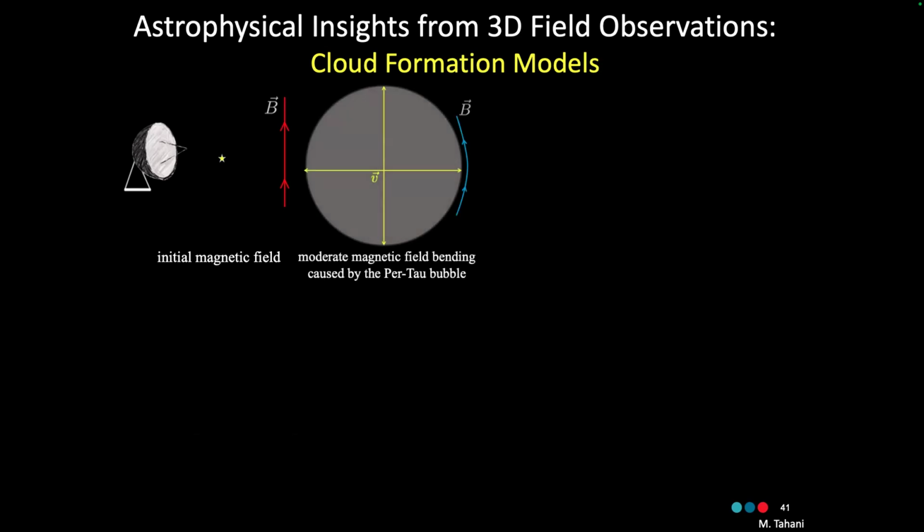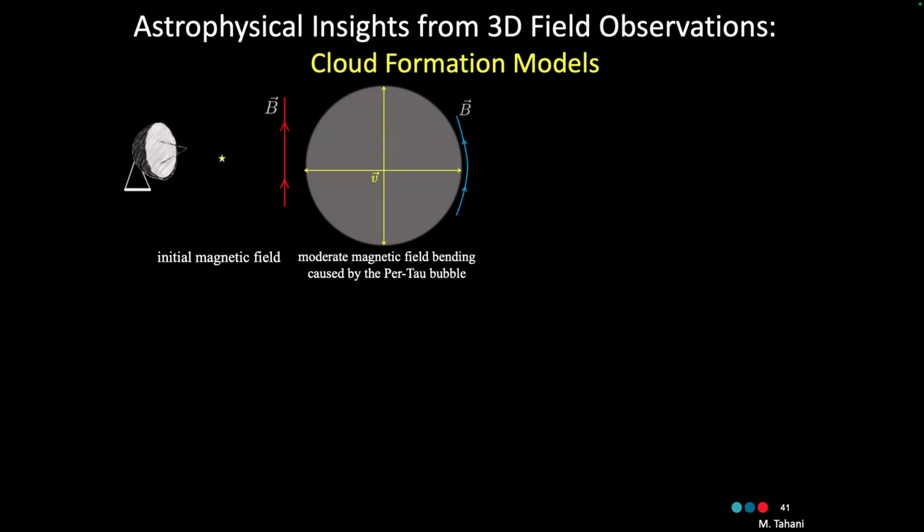This Per-Tau bubble would push the magnetic field and bend it around the shell of the Per-Tau bubble. Would this explain the reversal that we are seeing?